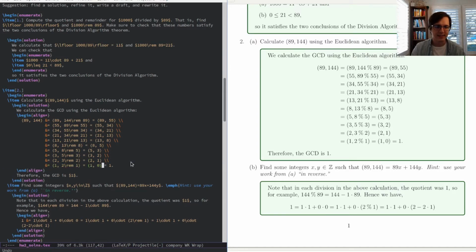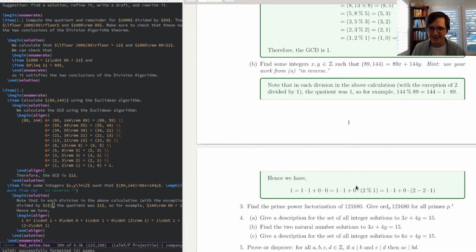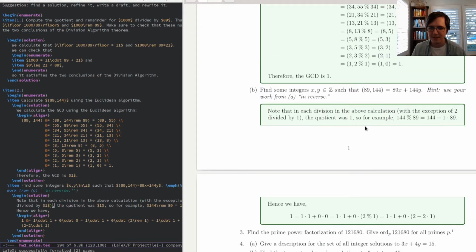So let's note that for each division in the above calculation, with the exception of 2 divided by 1, the quotient was 1. That's a little rhetorical trick. Okay, so let's continue.